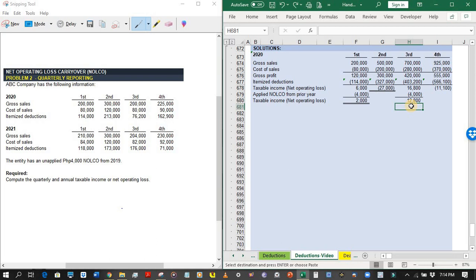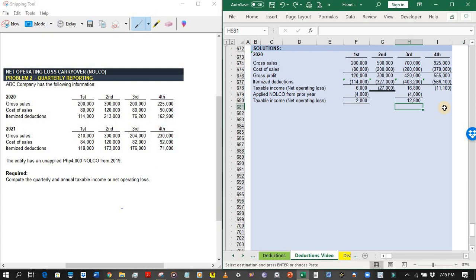But when we consider the information during the fourth quarter, we should have not paid any tax liability pertaining to 2020 because we have a net operating loss for the year of 11,100.